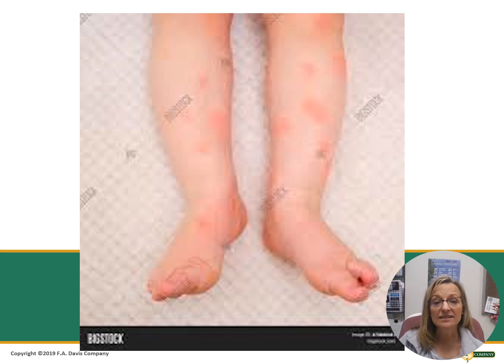Contact dermatitis. This is typically caused by an irritant or an allergy, and a lot of times when you don't know what it is, you can tell by how it's distributed. Like I said, poison ivy, poison oak, it may be on their hand or arm. Irritant contact dermatitis can have erythema, papules, vesicles, hives, burning, and weeping.